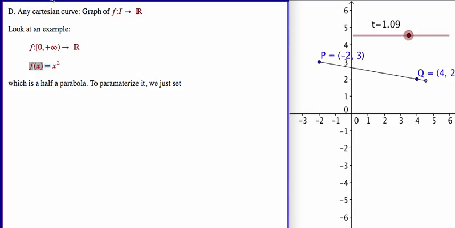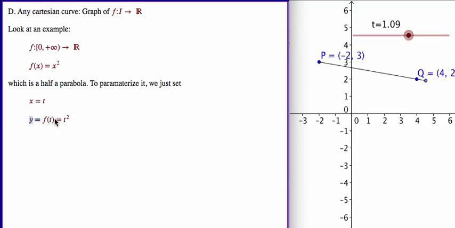So at time t, the x-coordinate will be that same time t. At time 0, the x-coordinate will be 0. At time t equals 1, the x-coordinate will be 1. And what's the y-coordinate? Well, y has to equal f of x. So y, in this case, will just be f of t. And f of t is, of course, t squared.